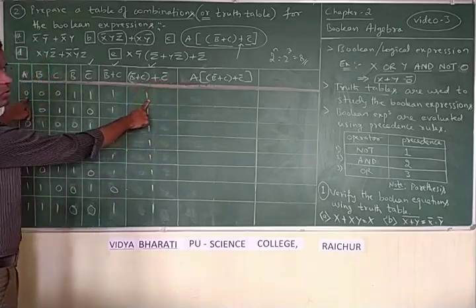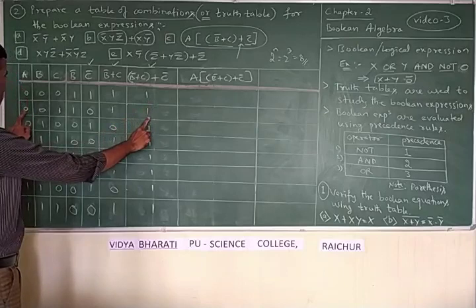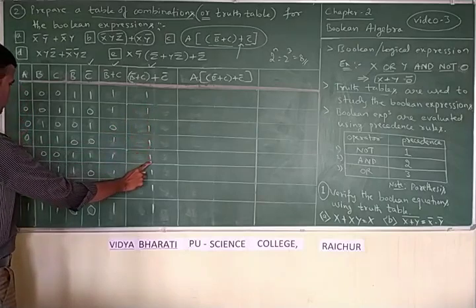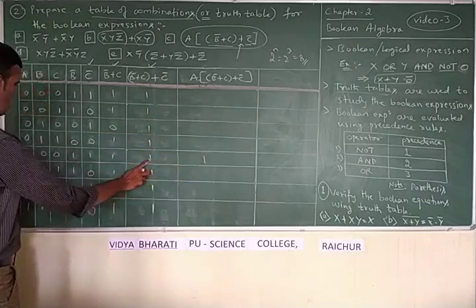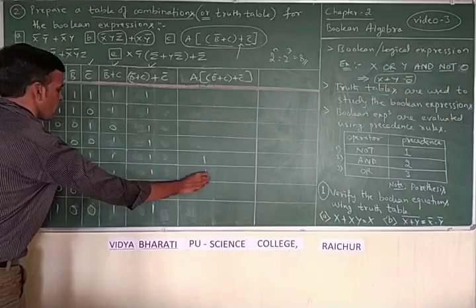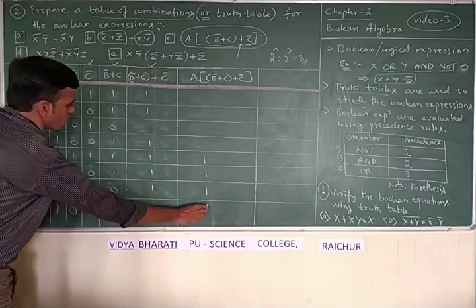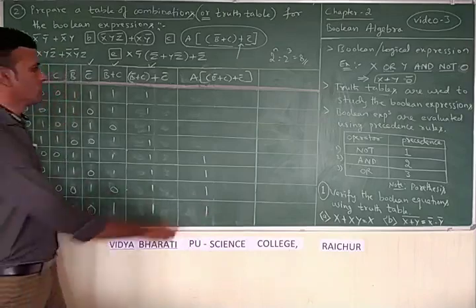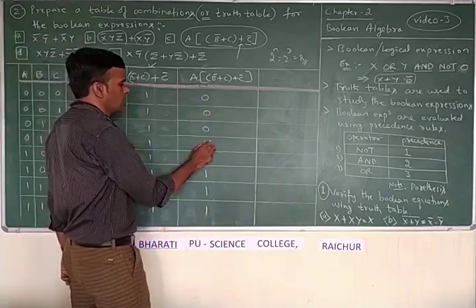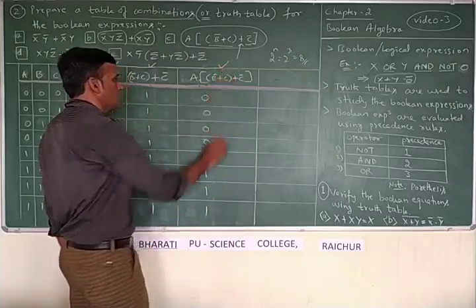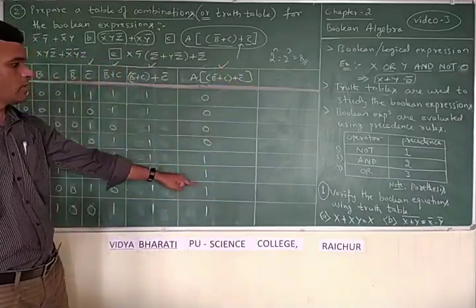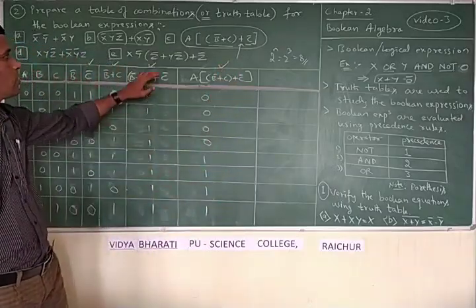Here these two vanish. Wherever you see both as 1, then only it is 1. Here also both are 1, and in the last case also both are 1. Here all are 0. Now this is the final answer for the given expression.